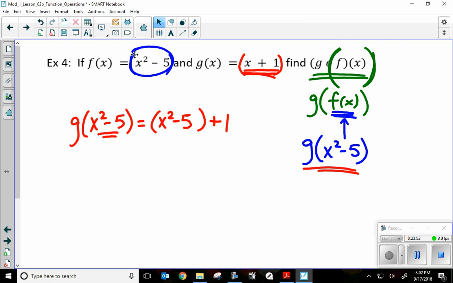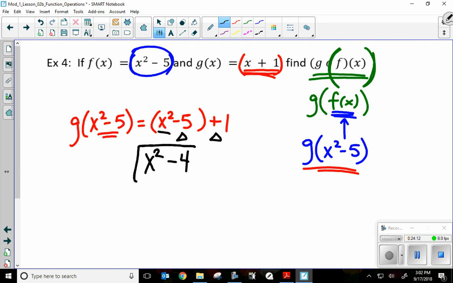Parentheses. I can't combine exponents. Well, I only have one exponent with my x. There's nothing I can do there. Multiplication and division. I don't see it. The only thing I can do is my addition and subtraction. I can combine two things. I have x squared. I have minus 5 plus 1. That's minus 4. There you go.